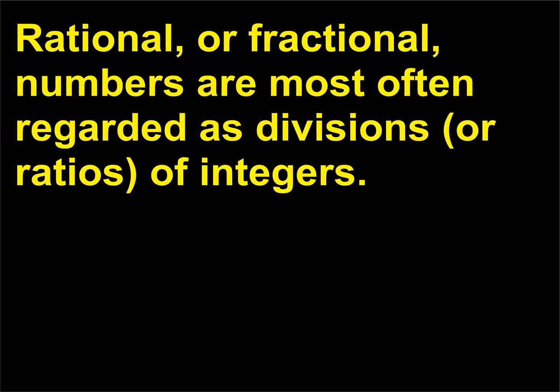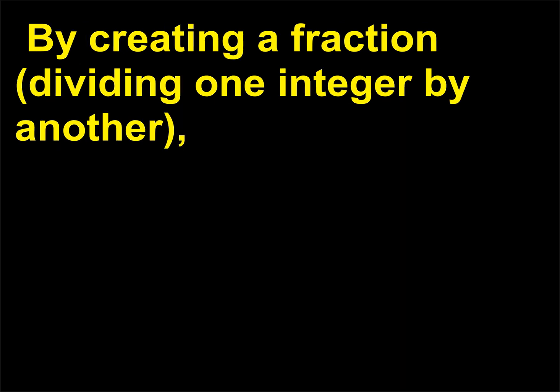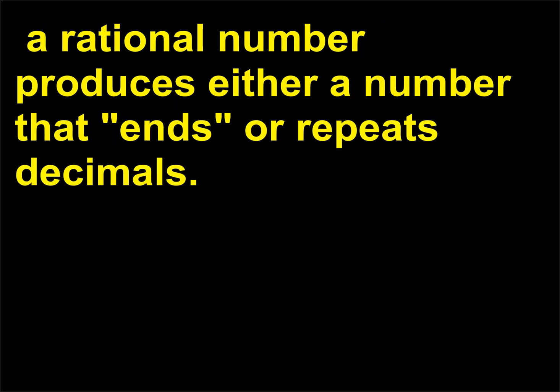Rational, or fractional, numbers are most often regarded as divisions, or ratios, of integers, by creating a fraction, dividing one integer by another. A rational number produces either a number that ends or repeats decimals.